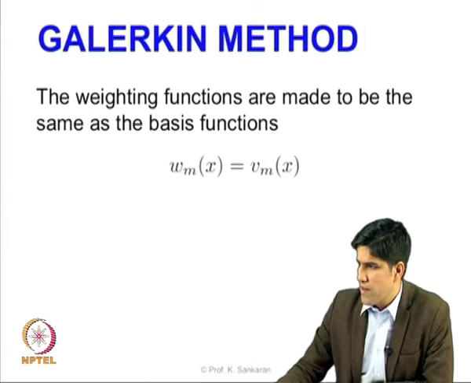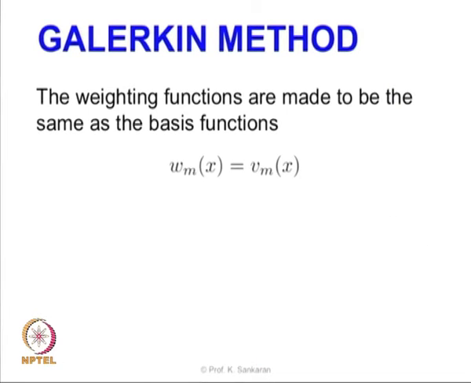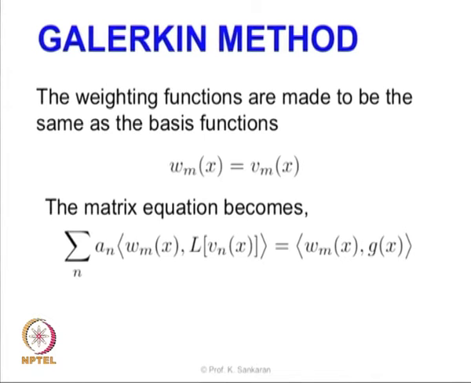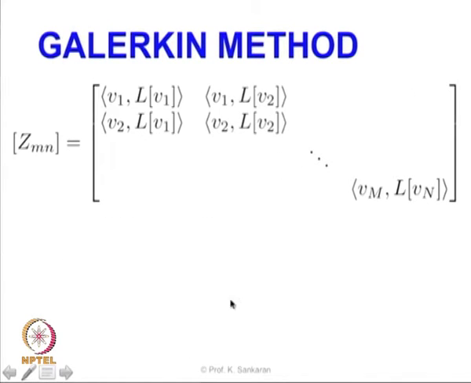So the matrix becomes very simple, as in the slide here, where we have the left hand side only in terms of Wm. So we can say Wm is equal to V of n. The terms will become very simply only a function of V of m.